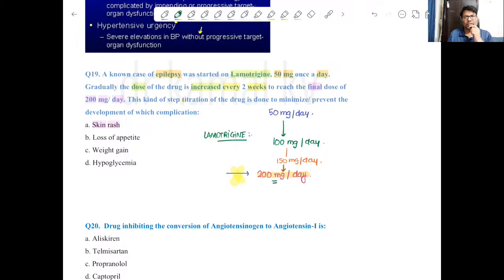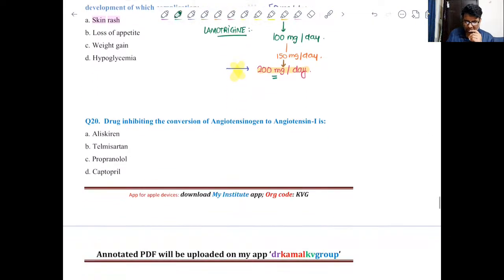Don't start with the actual dose. In fact, start with a smaller dose and gradually increase it over a period of 3 to 4 weeks to the final desirable dose, right? So this is especially to prevent the complication, that is skin rash. So please remember it for Lamotrigine.